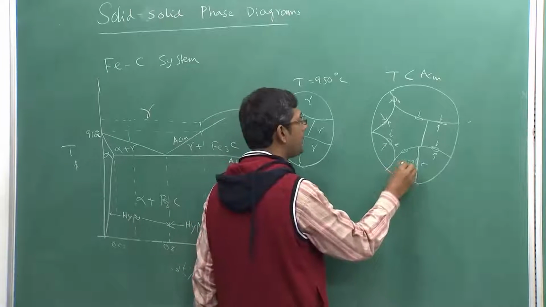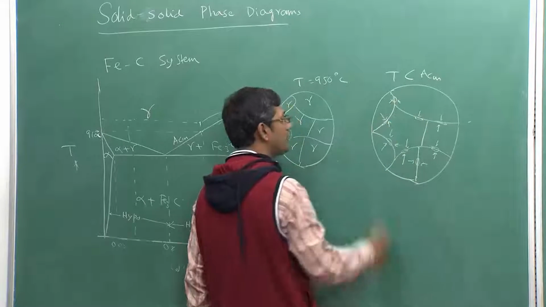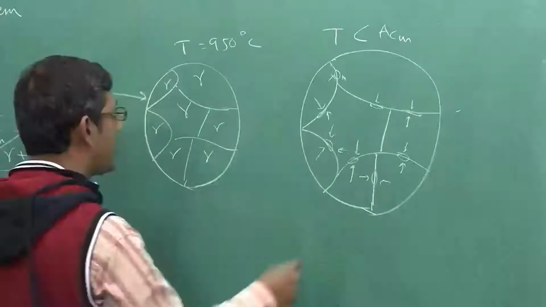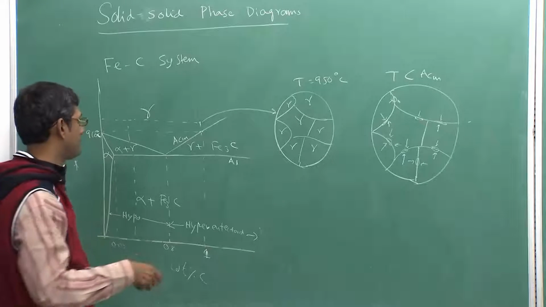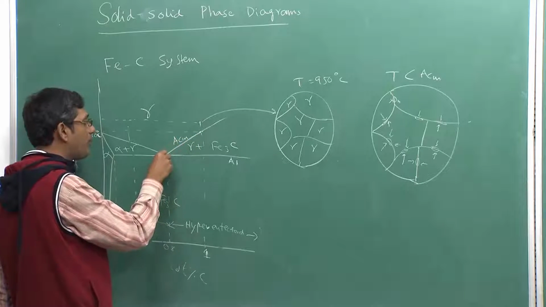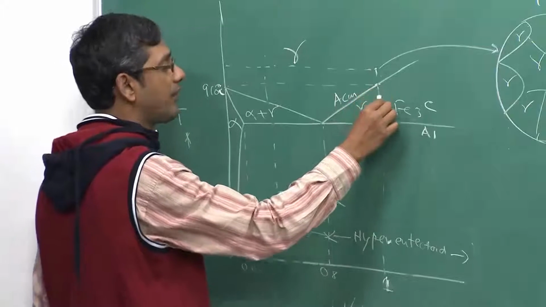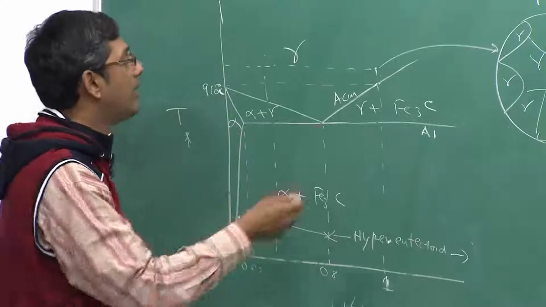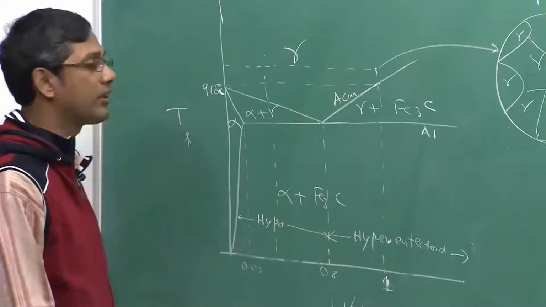The carbon will diffuse from the gamma grains into the cementite. Because of this diffusion, the gamma grains will become lean in carbon, or rather the gamma carbon concentration will follow this ACM line as you lower the temperature slowly, dropping along this line on the phase diagram.